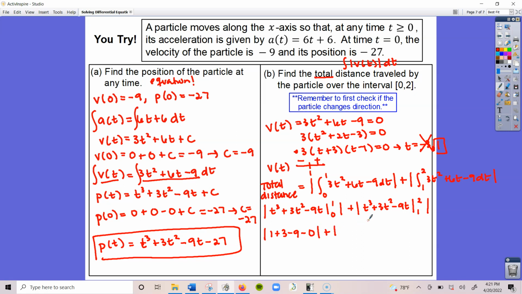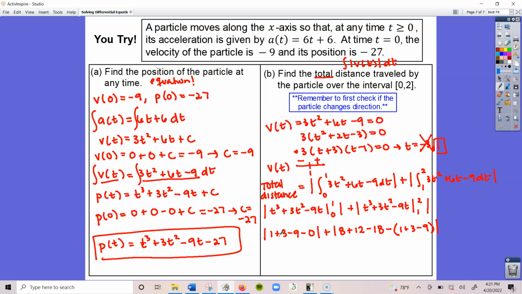Plus the absolute value of, I'm going to plug in the 2, that's 2 to the third is 8, plus 2 squared is 4 times 3 is 12, minus 9 times 2 is 18. Minus, now when I plug in the 1, 1 to the third is 1, plus 3 times 1 is 3, minus 9.